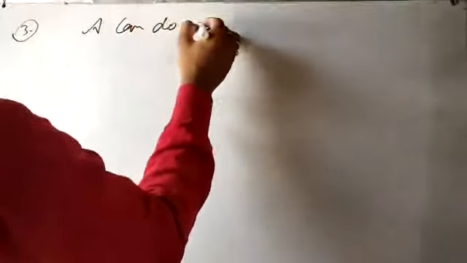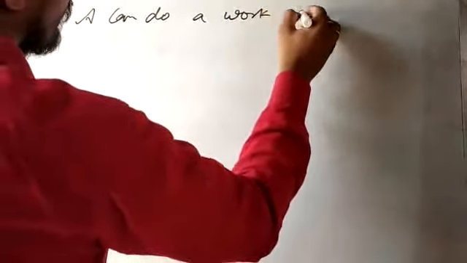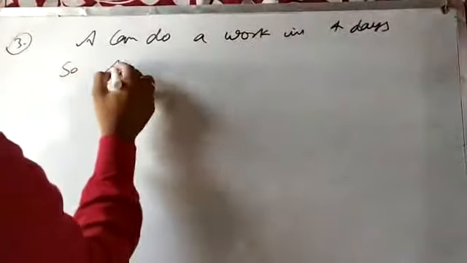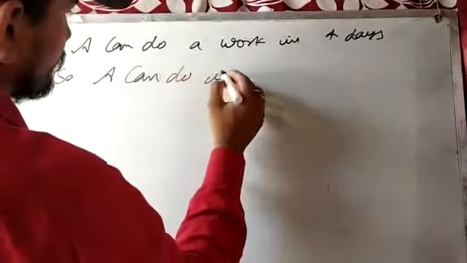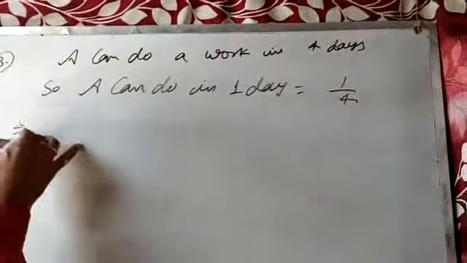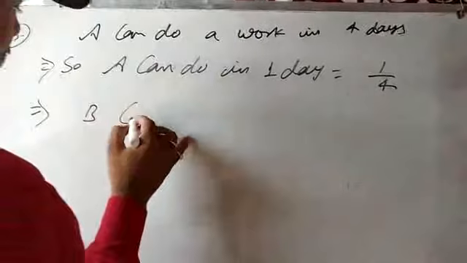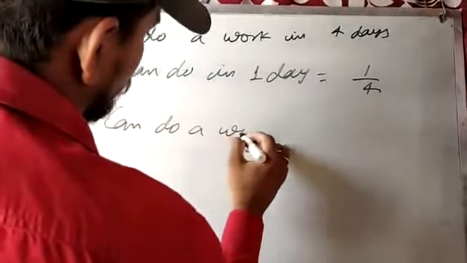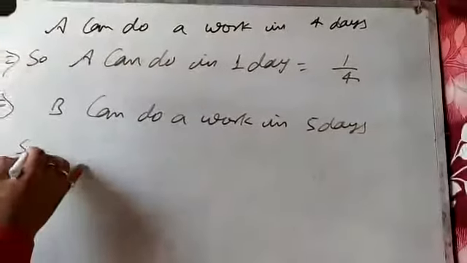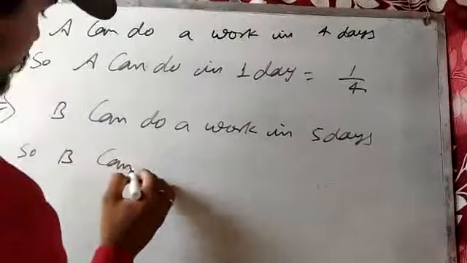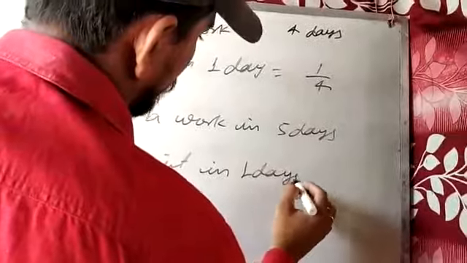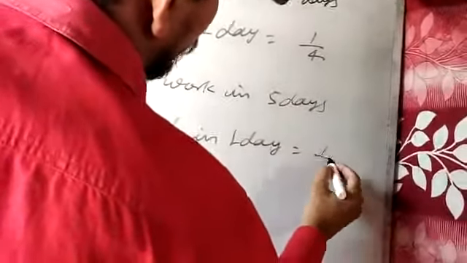A can do the work in 4 days, so A's work in 1 day is equal to 1 by 4. B can do the work in 5 days, so B's work in 1 day is equal to 1 by 5.